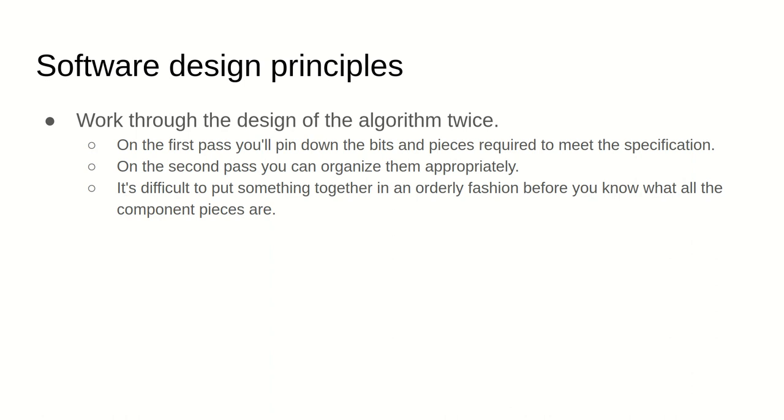For instance, no negative values or no zeros that I might divide by. So then, as you redesign and think through further, you'll start to be able to put those pieces together efficiently and effectively. You might start to see that this function needs tweaked in a certain way so that it pairs better with the function that's going to be using its results as their input. It's really hard to put anything together in an orderly fashion if you don't already know what all of the component pieces are.